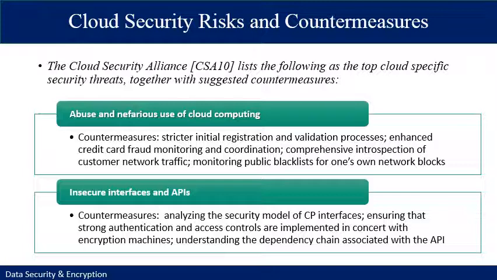From authentication and access control to encryption and activity monitoring, these interfaces must be designed to protect against both accidental and malicious attempts to circumvent policies. The countermeasures are analyzing security models of cloud provider interfaces, ensuring that strong authentication and access controls are implemented, and understanding the dependency chains associated with the APIs.